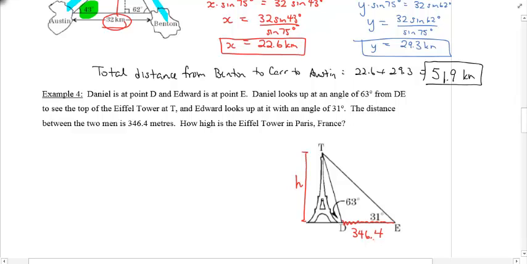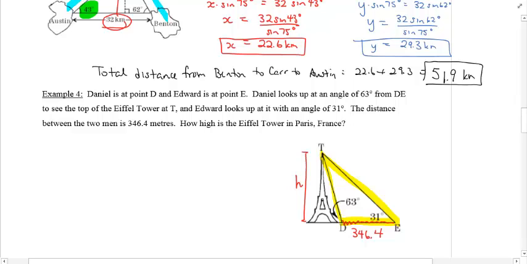So I guess what that means is we should be looking at this non-right triangle and trying to figure out what we can determine to help us solve for the height. I think we need another length. The question is, which length do you want to find out? Do you want to find DT? Or do you want to find ET?